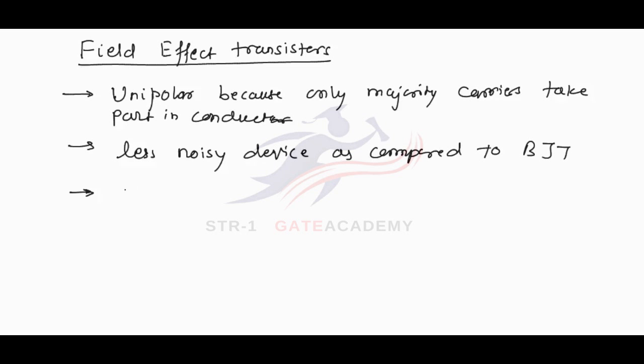Like BJT, FETs also have a common application, that is, they can be used as an amplifier. A major difference between BJT and FET is their input impedance Ri. Input impedance Ri for FET is very high. We will discuss this input impedance for field effect transistors.